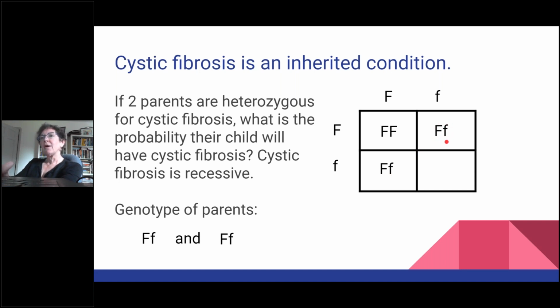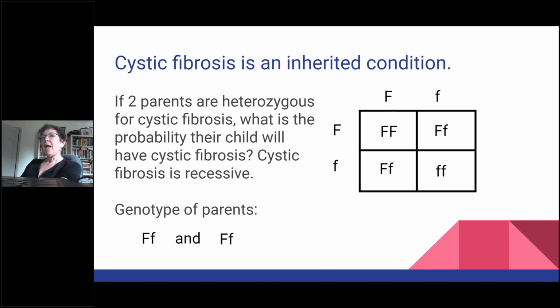They would have that same possibility by using this gene, if this parent passed on this dominant gene and this parent passed on this recessive gene. And the fourth possibility is that they would have a child who did have cystic fibrosis, two recessive genes for this condition.